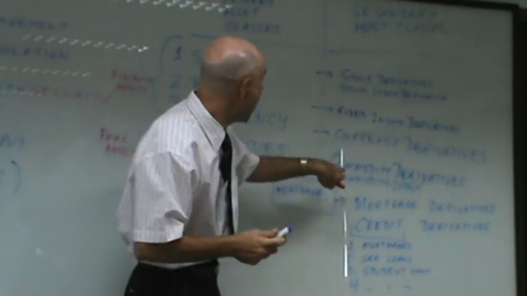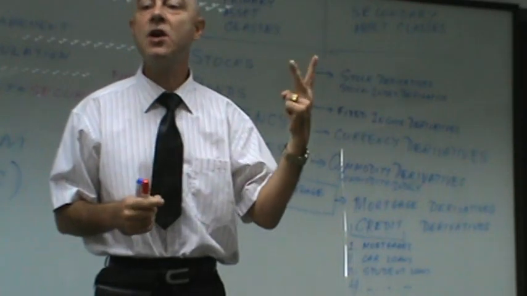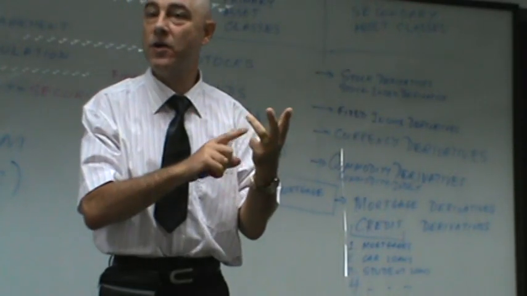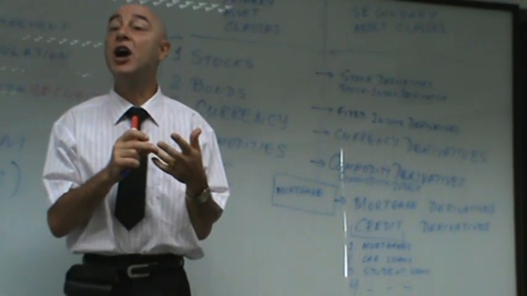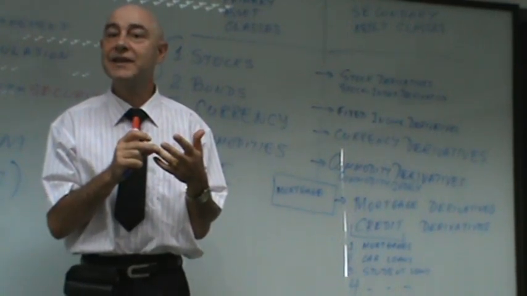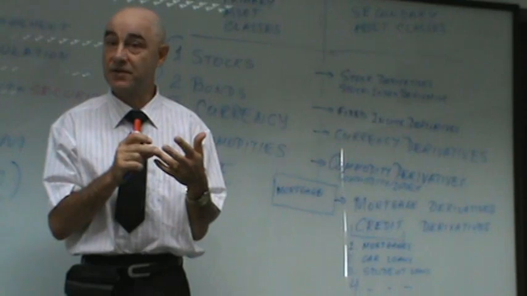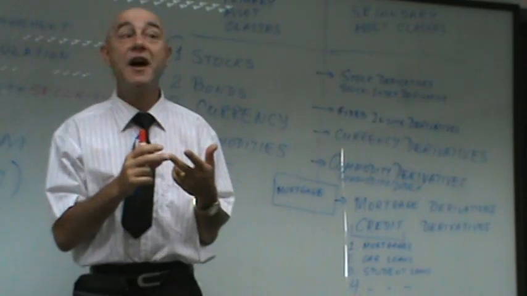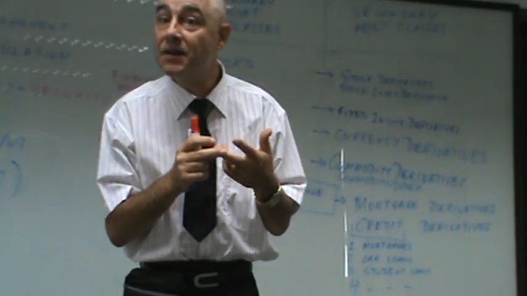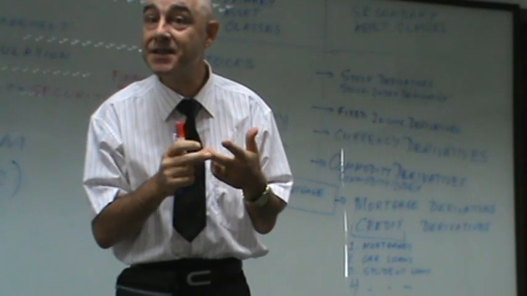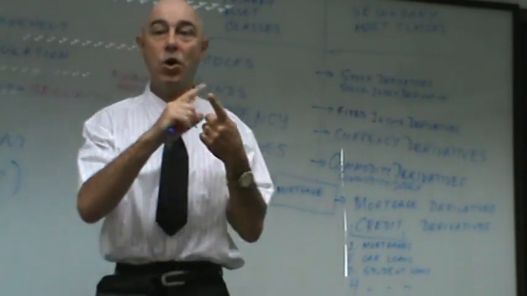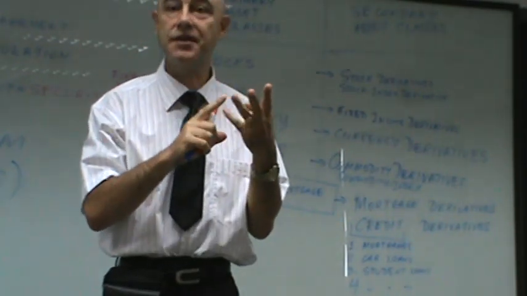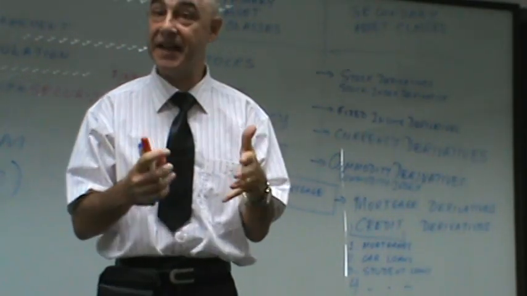You may have an energy commodity index of oil, natural gas, and so on. You may have an agricultural commodity index. You may have a metals commodity index. You may have a precious metals index like gold, silver, platinum, palladium, or base metals.